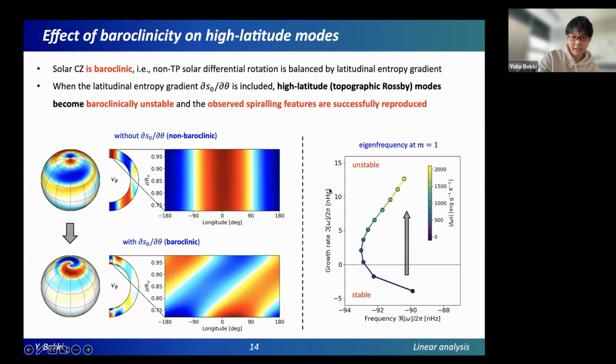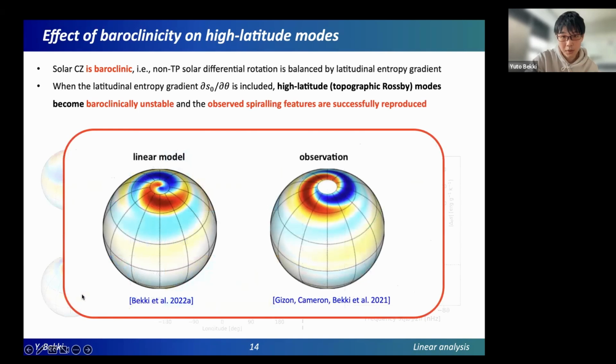When the baroclinicity is strong enough, the vortices are very much inclined in longitude, and at the surface we can see a clear spiraling pattern, which is very similar to what we observe on the sun.